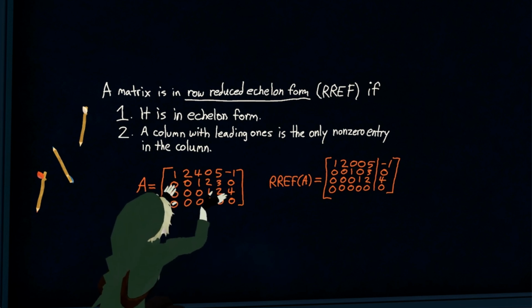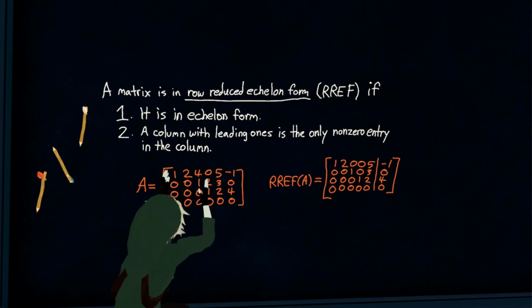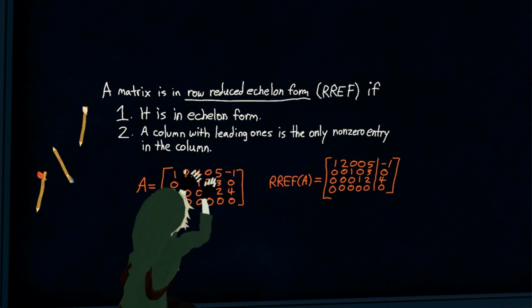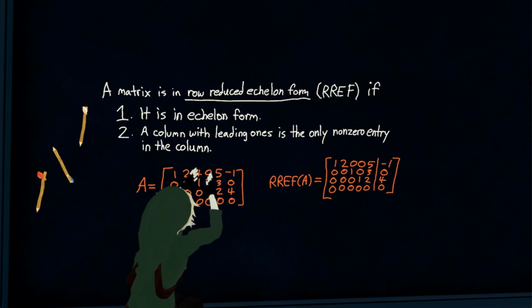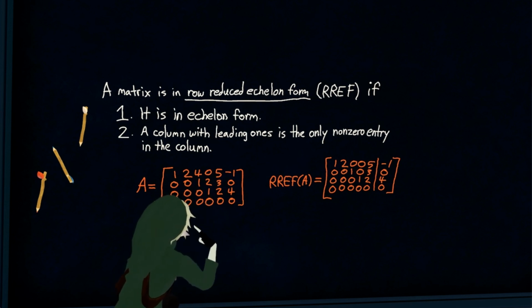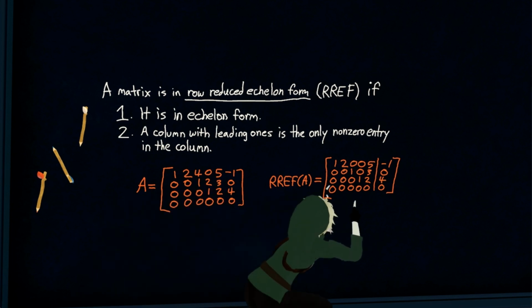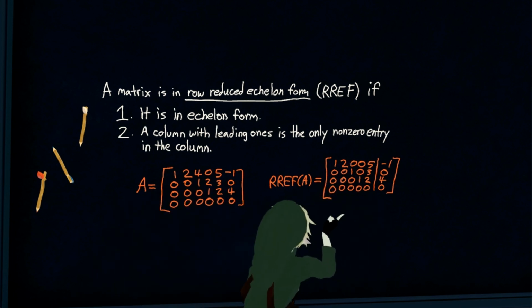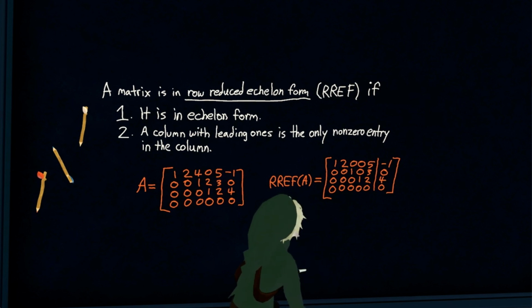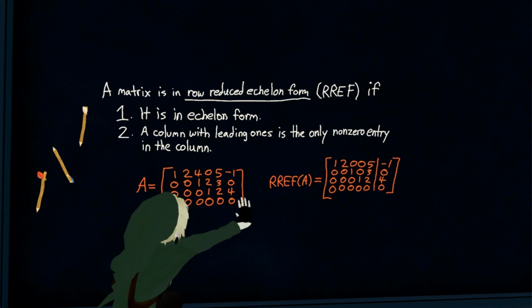Multiply this by -4 and cancel it out, multiply this by -2, cancel it out. So pretty much it uses leading ones to cancel whatever number is above it. It uses these leading ones and multiplies by something to cancel this out and make it become 0. And now this gives us row reduced echelon form. This is the process that computers use. This is how it does it.